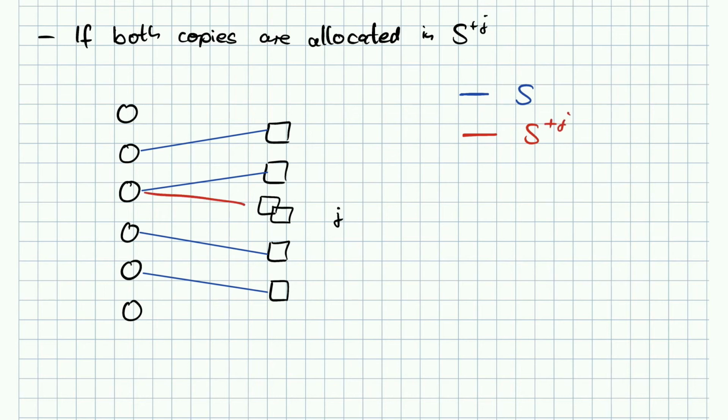Well, now suddenly there are two who are getting actually item j, and then the other items are allocated in some other way. Of course, not this way, but rather this way. Good.